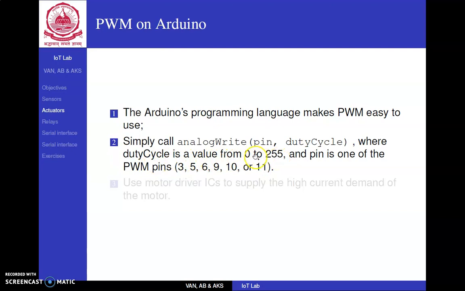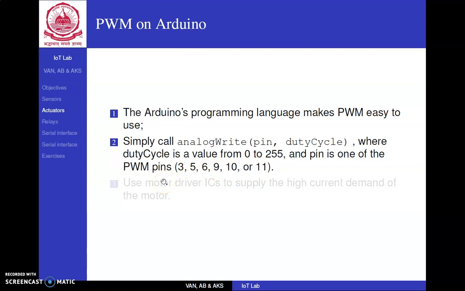That is the duty cycle variation that you can have. 0 means the signal is 0, the motor will not rotate, and 255 stands for maximum duty cycle, which will spin the motor at its maximum RPM. The pins could be any of the PWM supported pins on the Arduino. There are 1, 2, 3, 4, 5, 6 pins on the Arduino which support PWM.